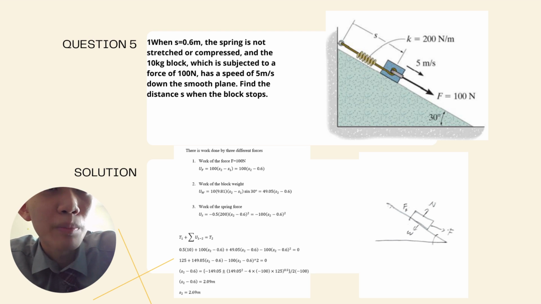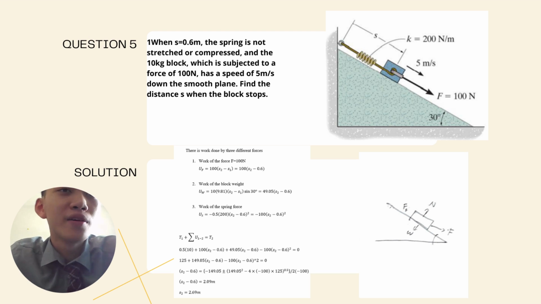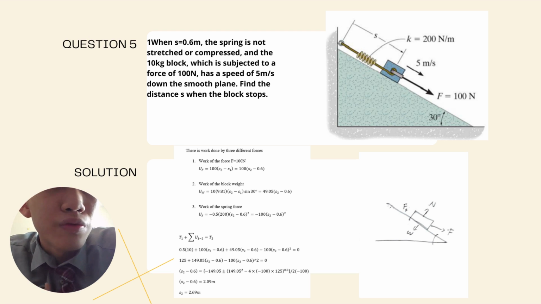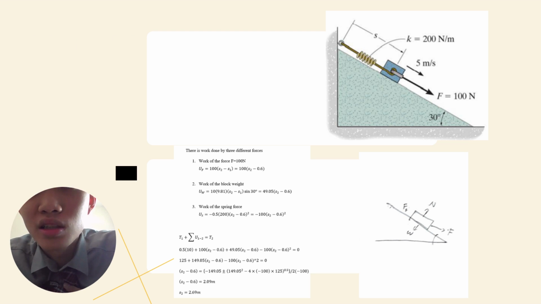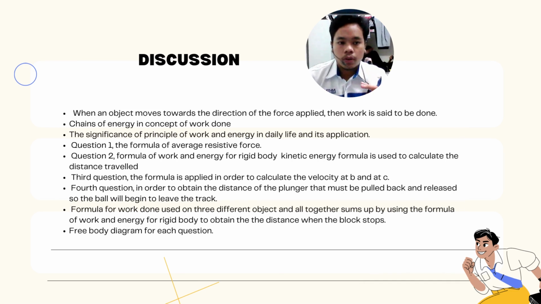Now since T equal 1 per 2 mv squared, we will get total work done equal to final kinetic energy minus initial kinetic energy, or initial kinetic energy plus total work done equals to final kinetic energy, which is our final answer.